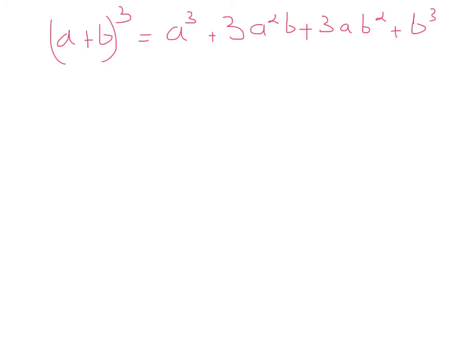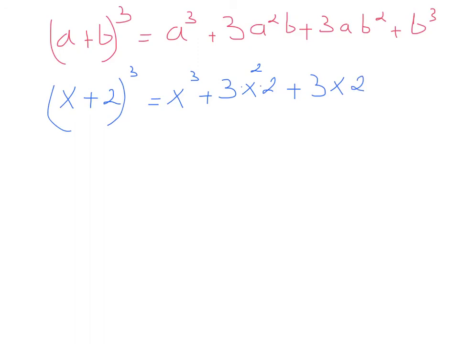Let me have an example here where we can do x plus 2 cubed. So we just substitute a by x, so it's going to be x cubed plus 3 times x squared times 2, plus 3x times 2 squared plus 2 cubed. As we see, the degree is getting lower for x and it's getting higher for 2.